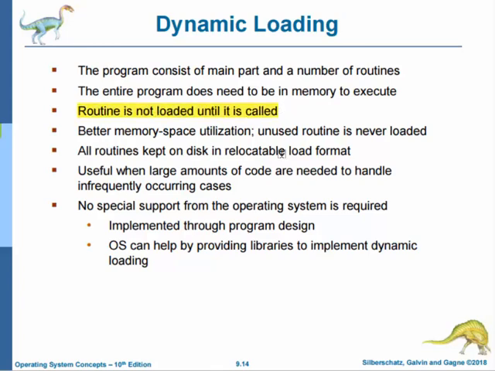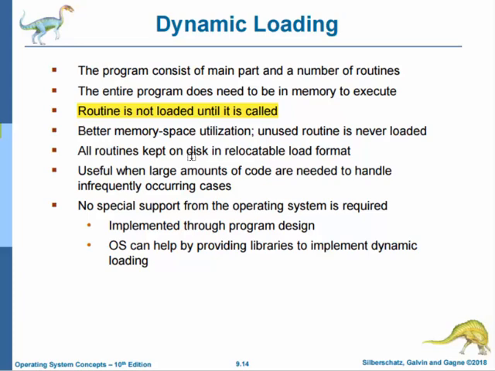So all the routines are kept on disk in a relocatable load format, and the main program is loaded into memory and is executed. When a routine needs to call another routine, the calling routine first checks to see whether the other routine has been loaded.